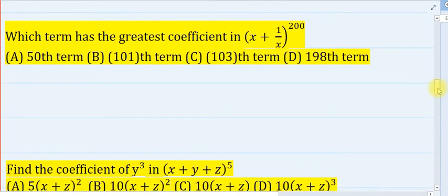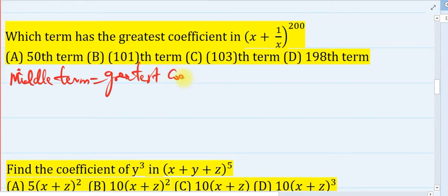Okay, the next one, we are asked which term has the greatest coefficient. If you could remember, I told you the greatest coefficient is always the coefficient of the middle term. The middle term always has the greatest coefficient.